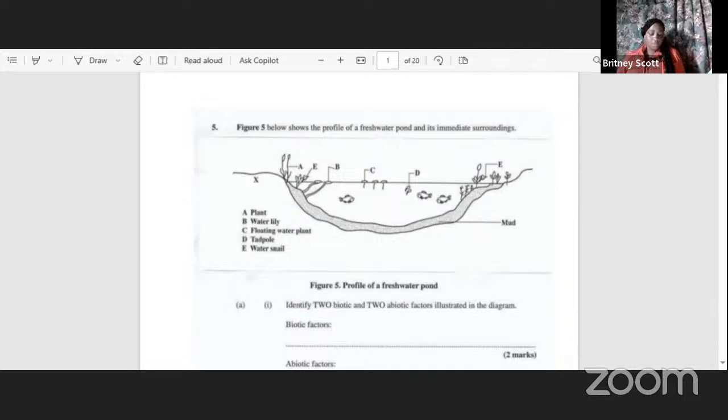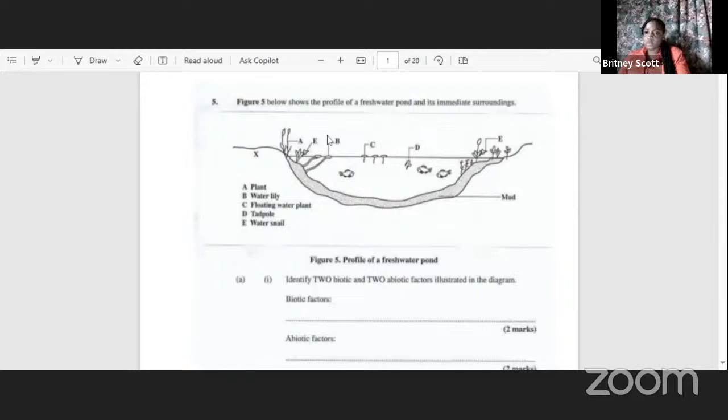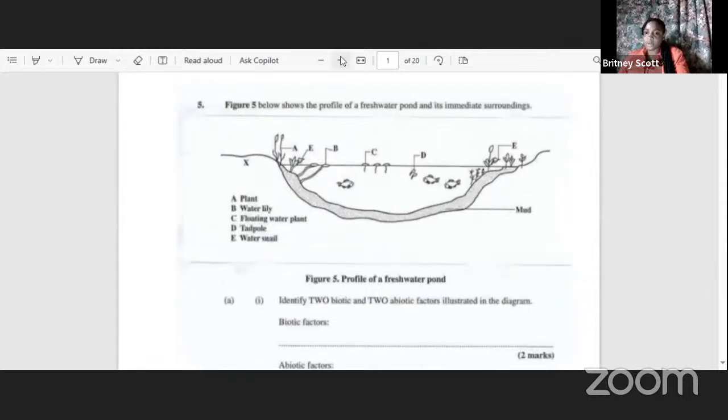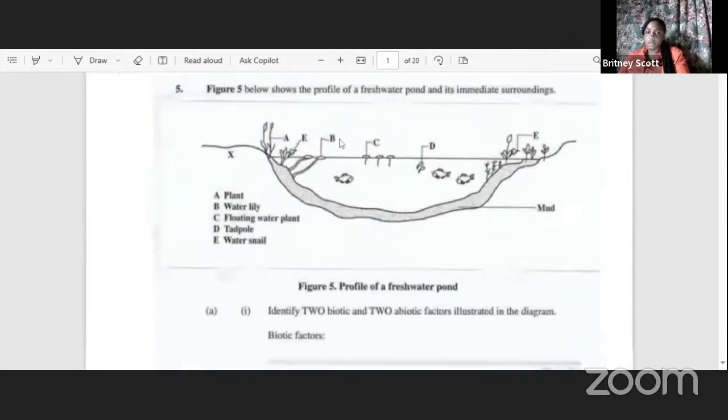Are you able to hear me now? Okay, awesome. All right, so let's begin. Let me zoom this up a little bit so that everybody can see.